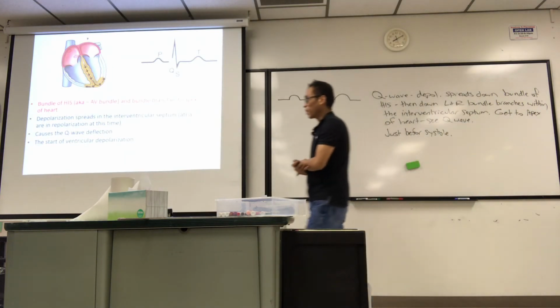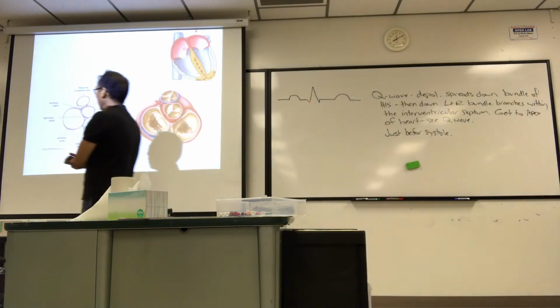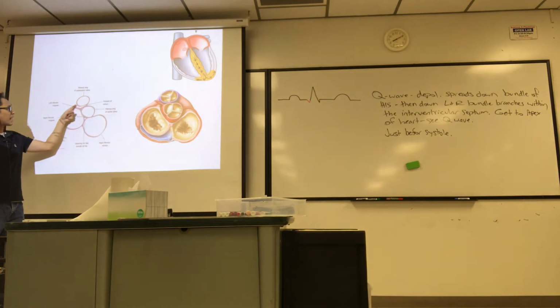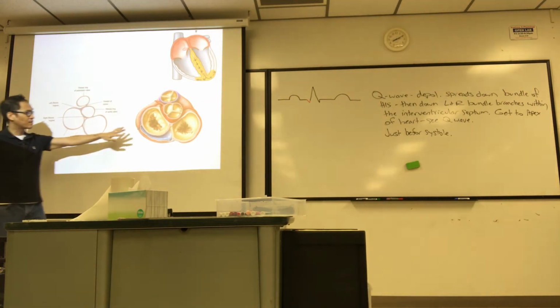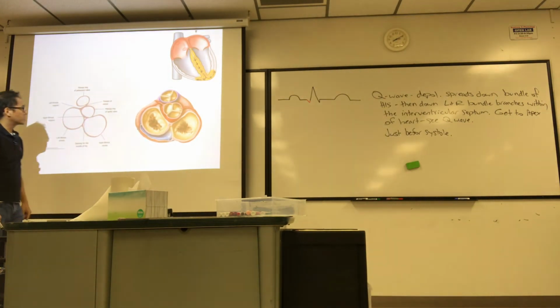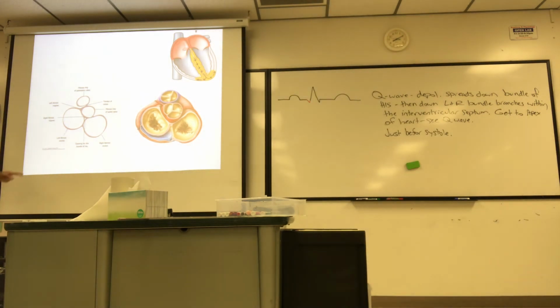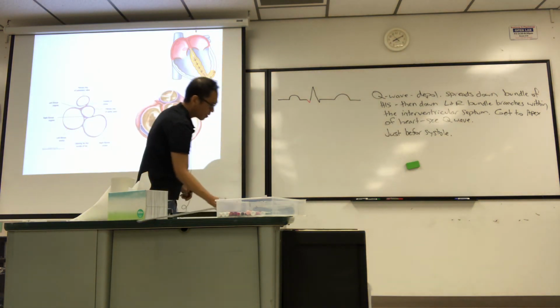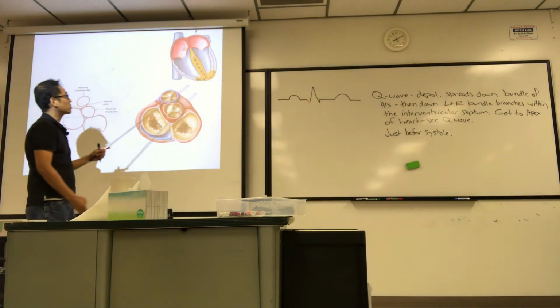Not quite there yet. All right, so I wanted to show you this picture of the heart valves. And I wanted to show you this outline here, which is just the fibrous connective structures that contain the valves of the heart. Because there's a reason why the depolarization spreads down the septum and not straight down to the ventricles.